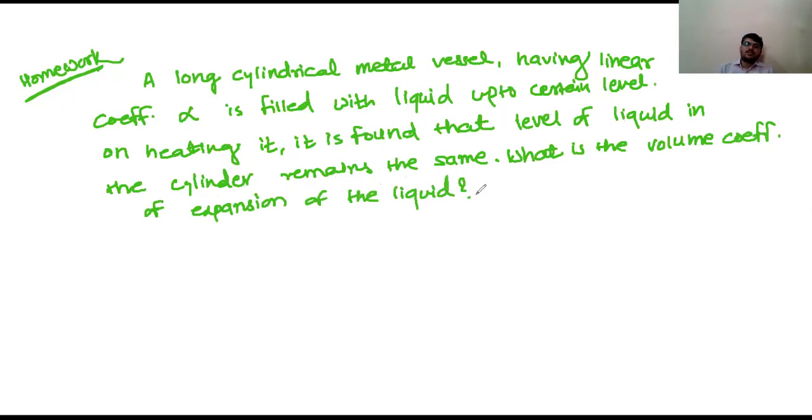Okay, look at the question. A long cylindrical metal vessel having linear coefficient alpha is filled with liquid up to a certain level. On heating it, it is found that the level of liquid in the cylinder remains the same.